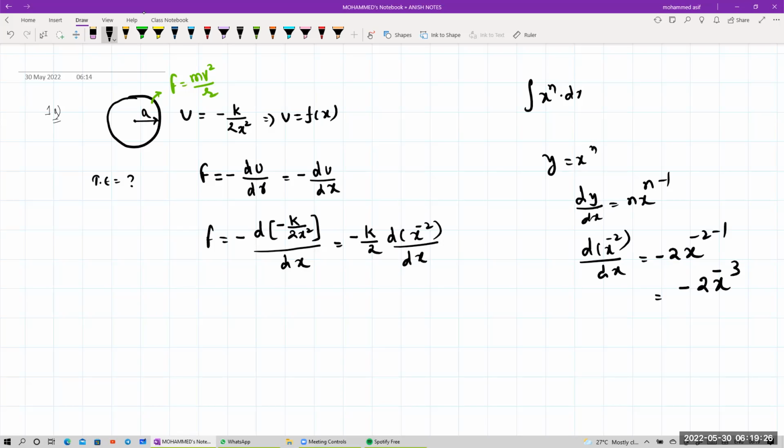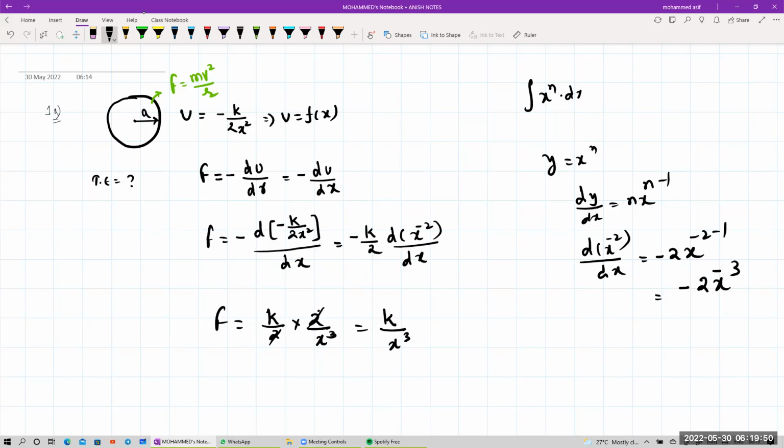So force F is equal to minus minus plus. That will be equal to k by 2 into 2 divided by x cube. This 2 will get cancelled, so it will be k by x cube.